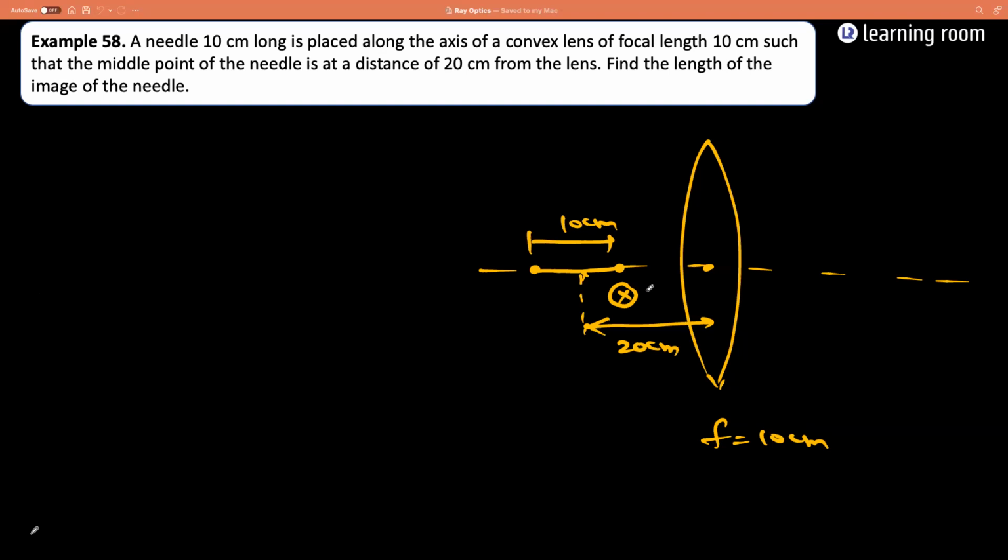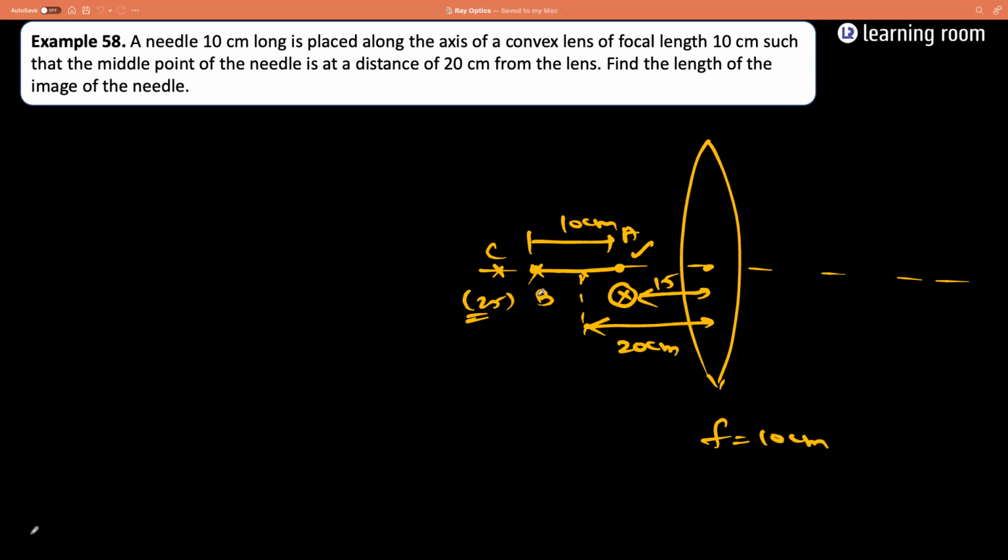Then this distance will be 15, which means it is beyond the focus. This point will be 25. So the center of curvature will be here. The object is kept between C and F, so the image should be enlarged.